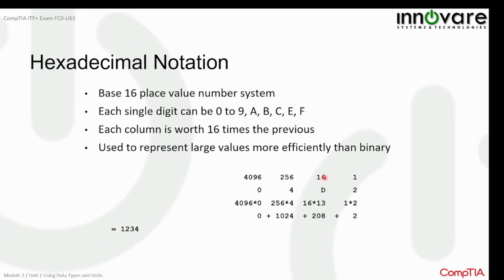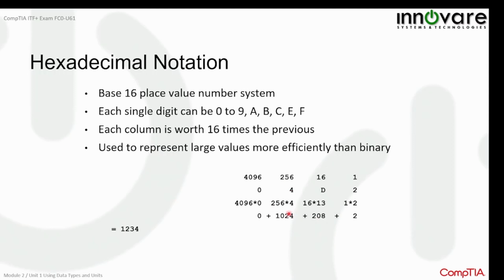So for a hexadecimal number of 4, D, and 2, sorry. So 1 times 2, it's 2, and then D, which is 13, 16 times 13 is 208, and then 4 times 256 is 1024.